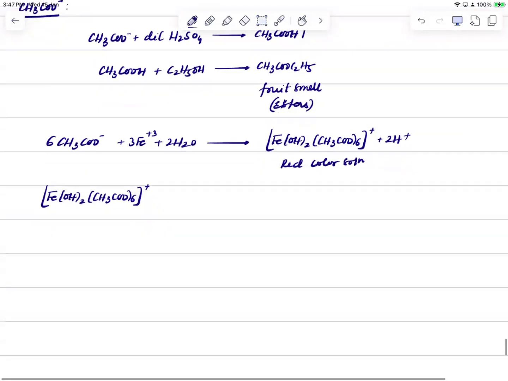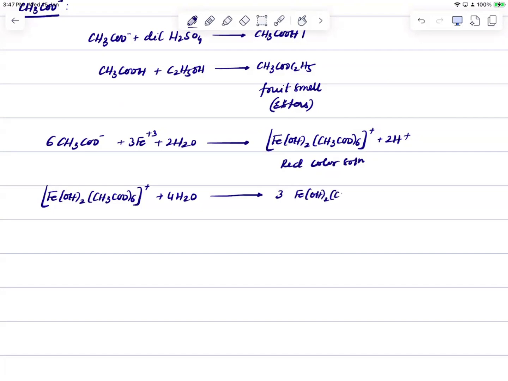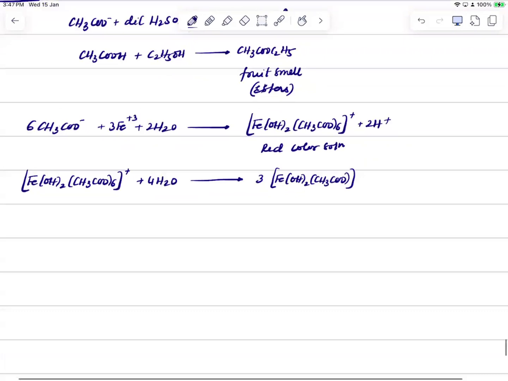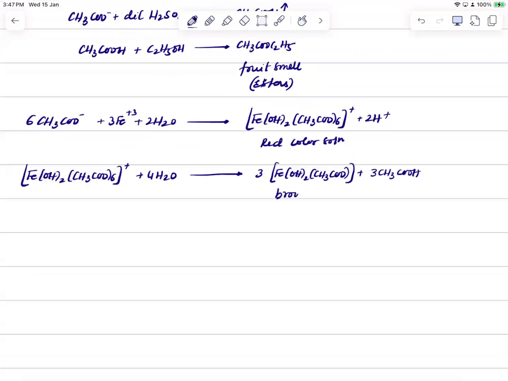This solution, if you treat with 4 moles of H2O, correct? So that will convert into 3 moles of Fe(OH) twice and CH3COO, all right, plus 3 moles of CH3COOH. So this will be a brown red PPT.